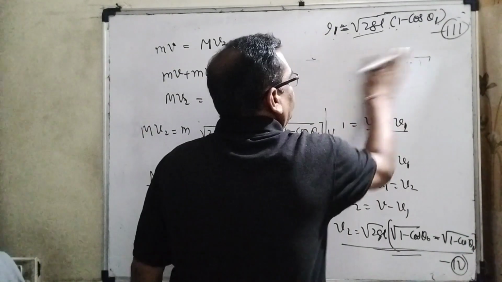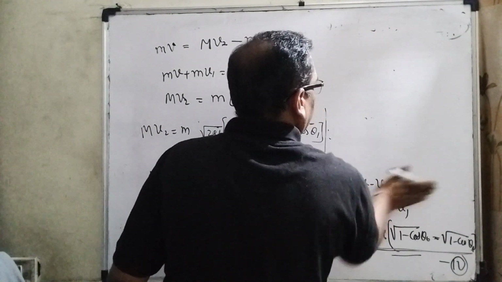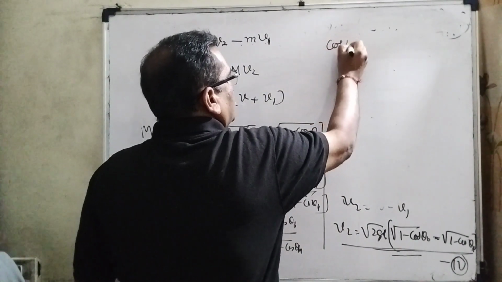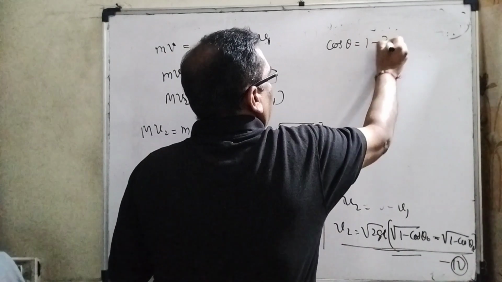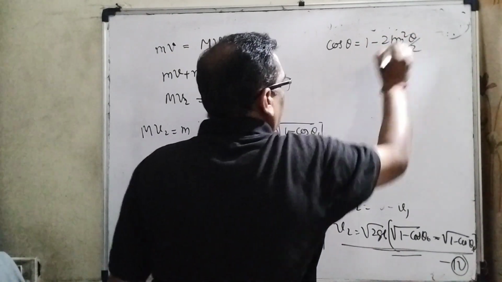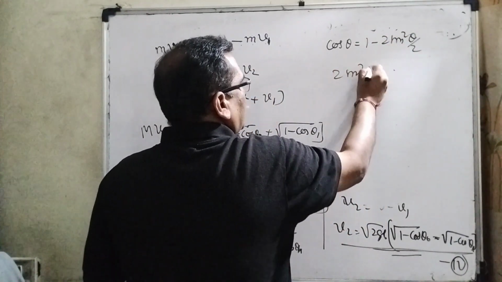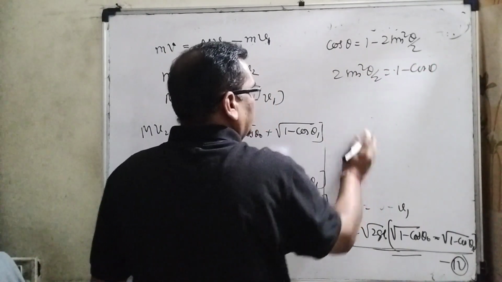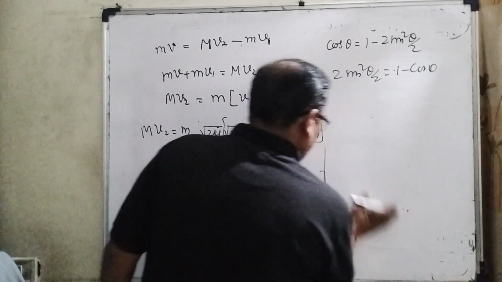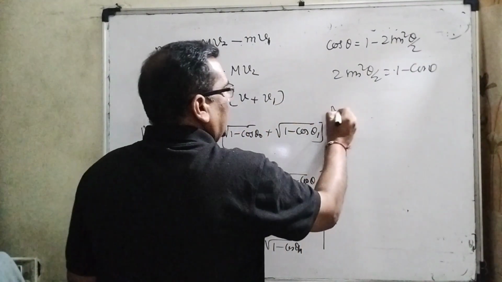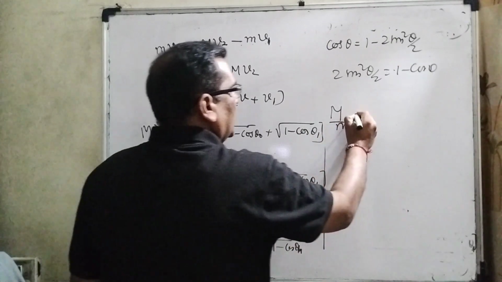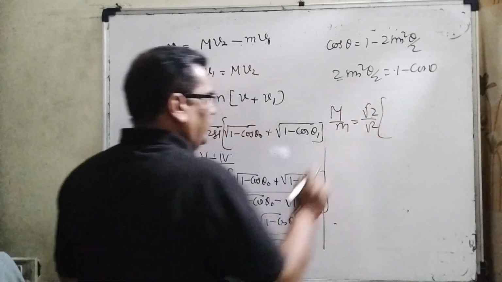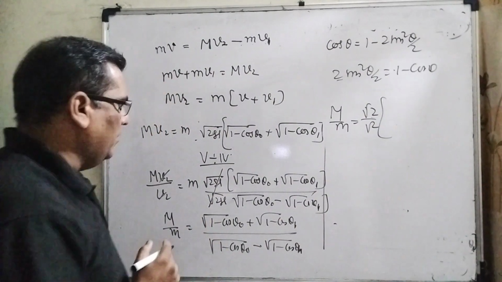As you know, by using trigonometry, cos theta can be written as 1 minus 2 sine square theta by 2. So 2 sine square theta by 2 can be written as 1 minus cos theta. Here we use this property for capital M upon small m. You can see that root 2 comes in both terms, so we take it common.